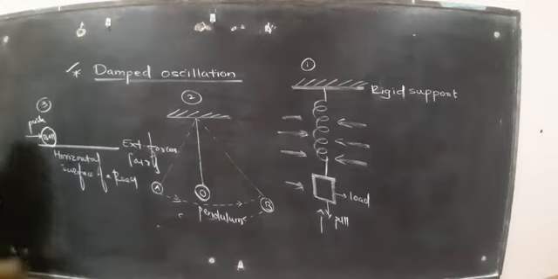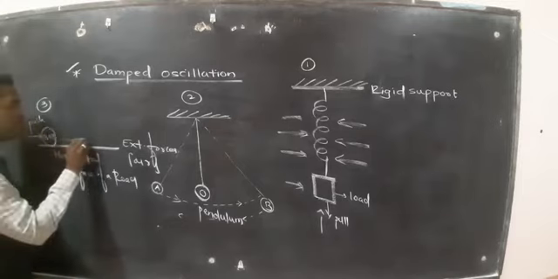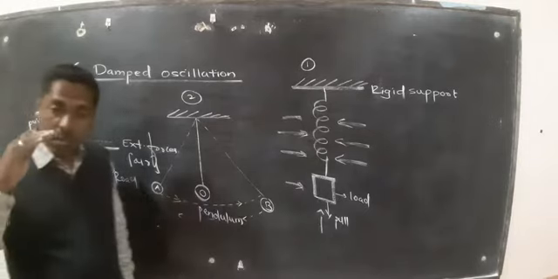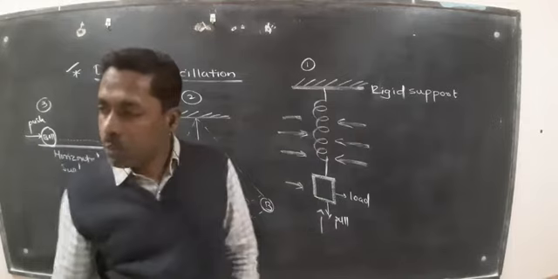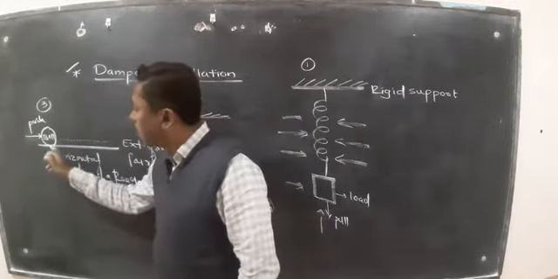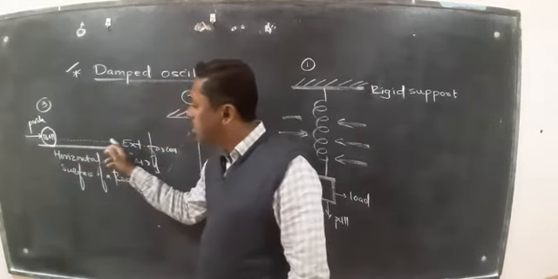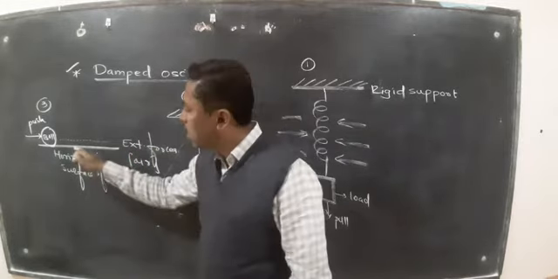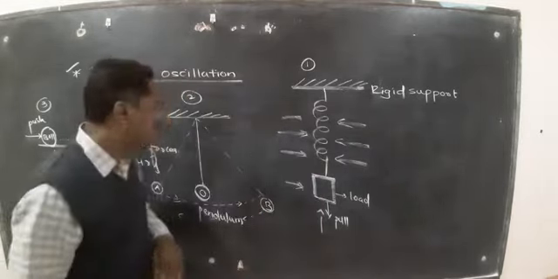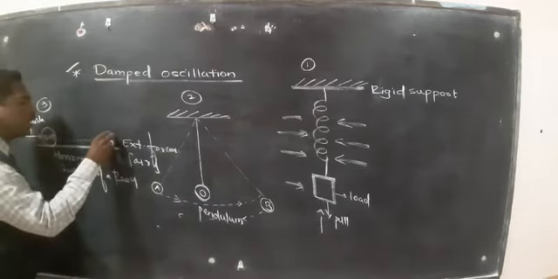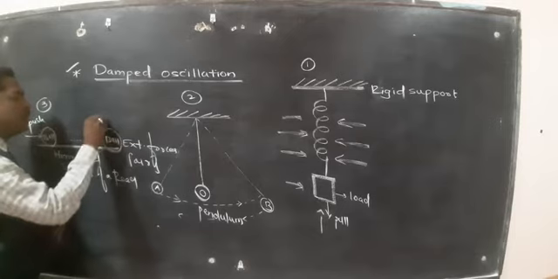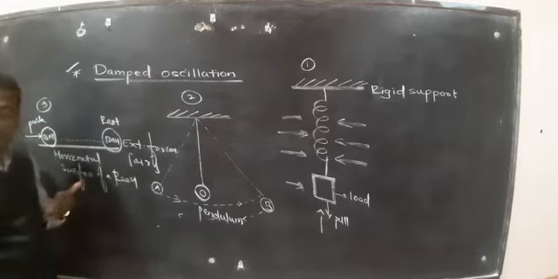What happens? The ball starts moving, or the ball comes under translating motion, and after covering a certain distance, the ball stops. After covering some distance, we observe the ball comes to rest.